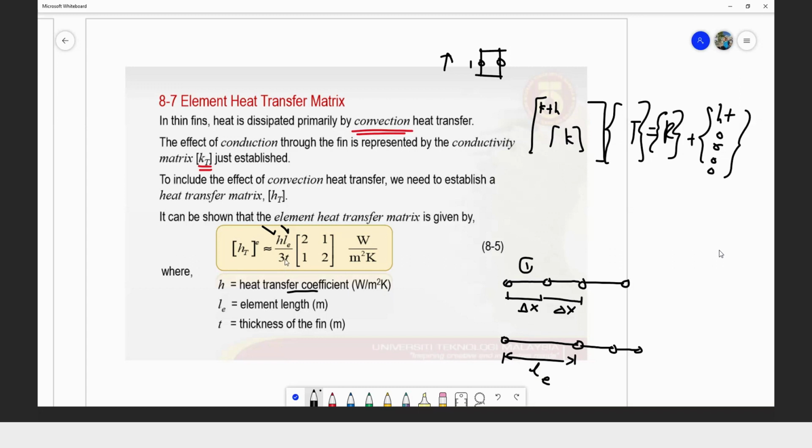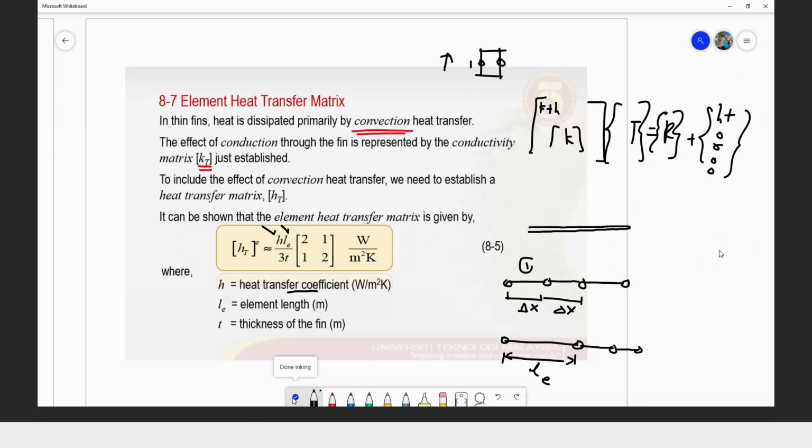So the thickness is also considered, even though the thickness of fin ni is very very thin, but we have to consider it to accurately represent these convection effects.